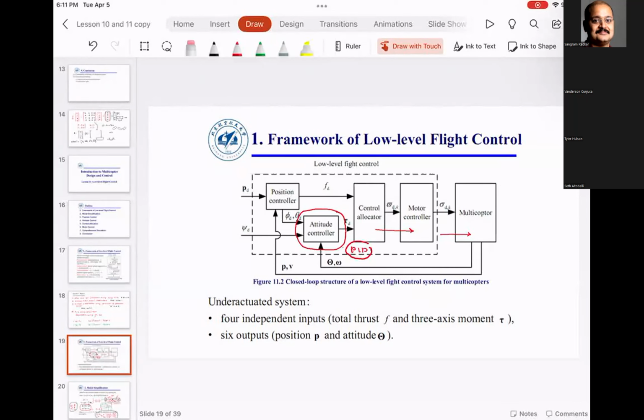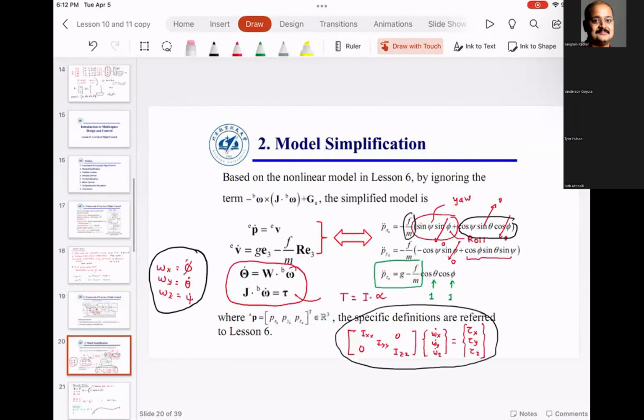So in the last class and in the next few classes, we are going to talk about the low level controller. Then we are going to talk about how this low level controller is implemented on the actual hardware, and try to use all this information for the actual control of Mambo. Now, in the last class, we talked about the model simplification.